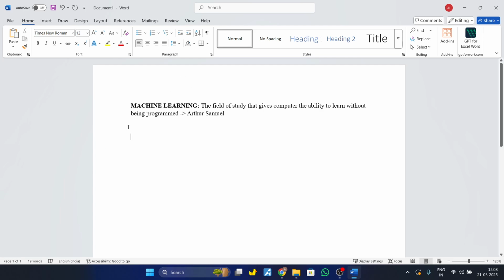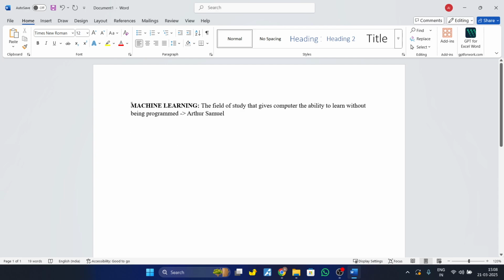Then we also said that it is a subset of artificial intelligence and not exactly a separate domain that enables computers to learn from data. So you are going to make some sort of prediction using previous data.